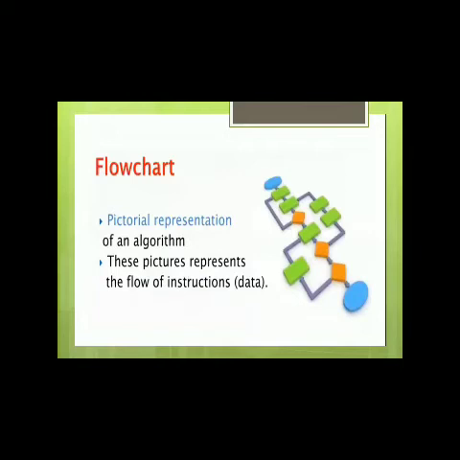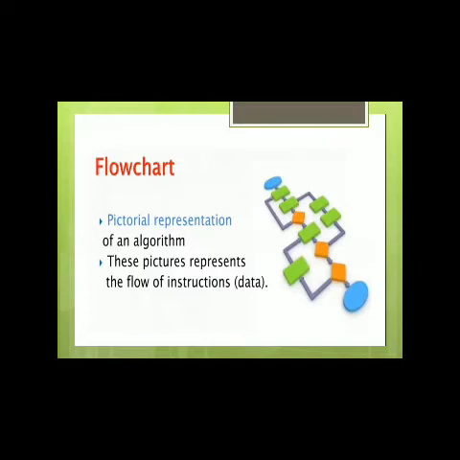Next is flowchart. Whatever we have written in our algorithm, we are just making it into a picture. Here you can see that with the use of blocks and lines, we are showing whatever we have written in that particular algorithm.